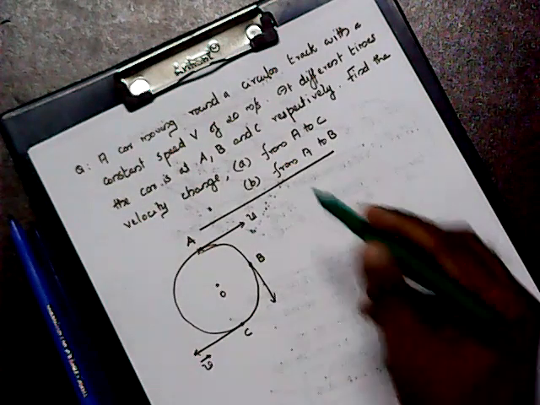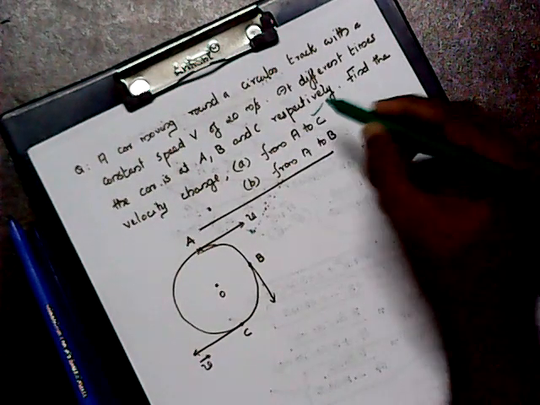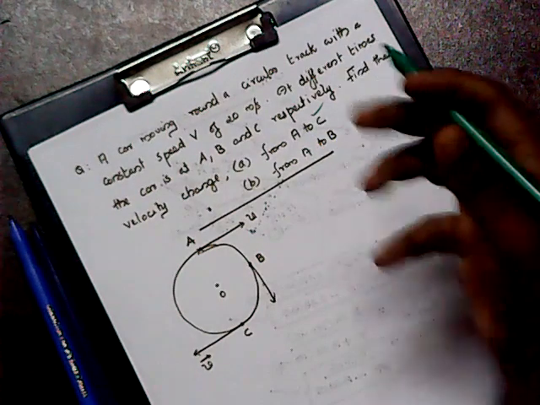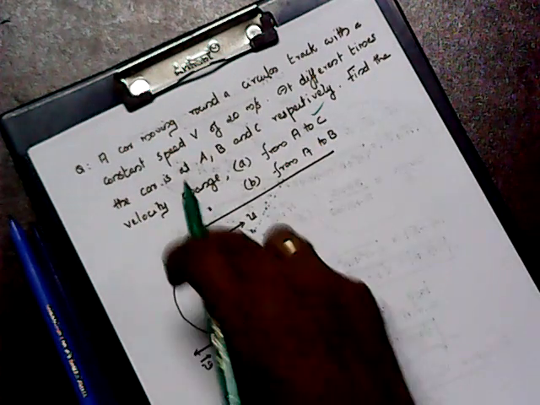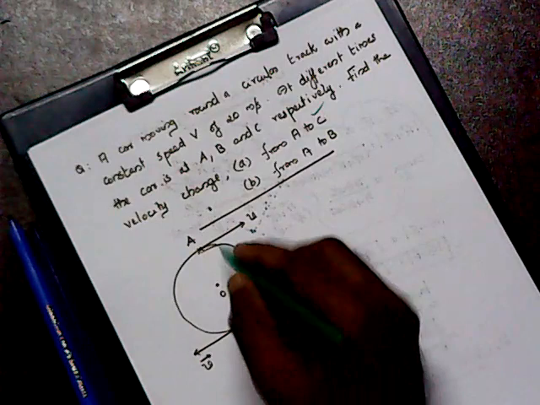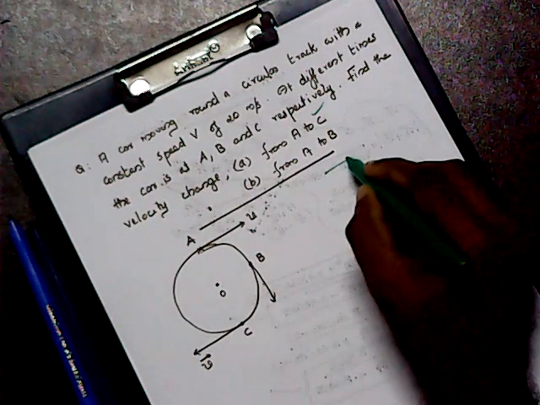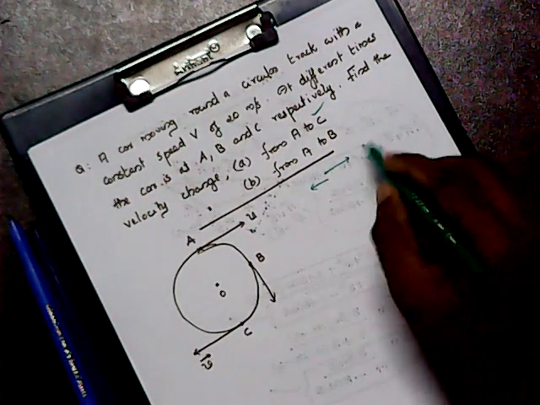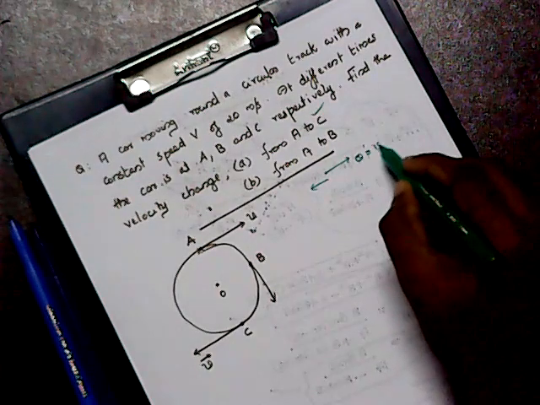So at first, we want to find the change from A to C. The magnitude we can find easily. Just find the angle between the two vectors. Here A is in this way, and C is in this way. So we can say the angle is 180 degrees.